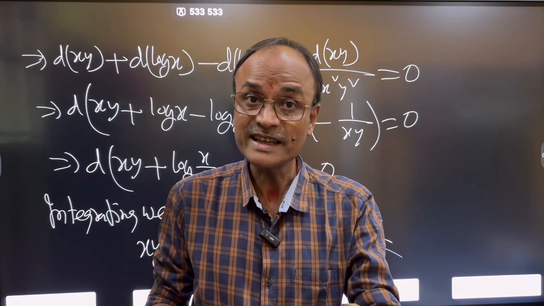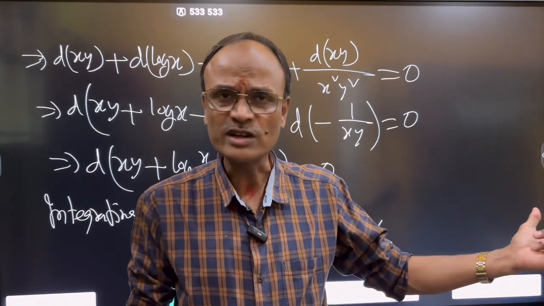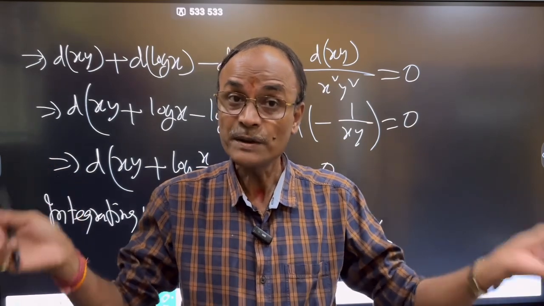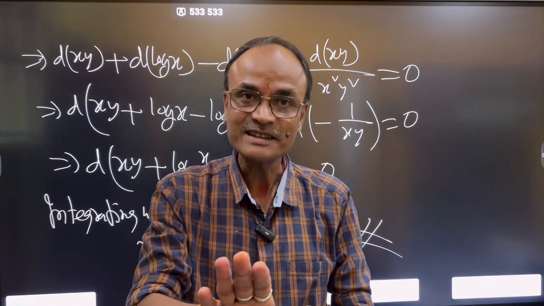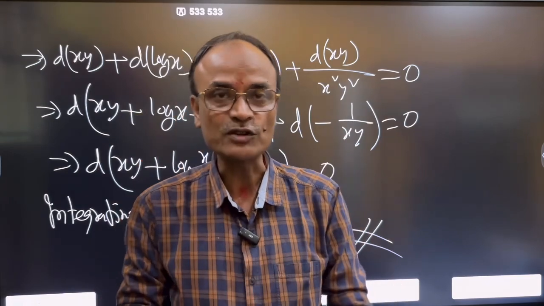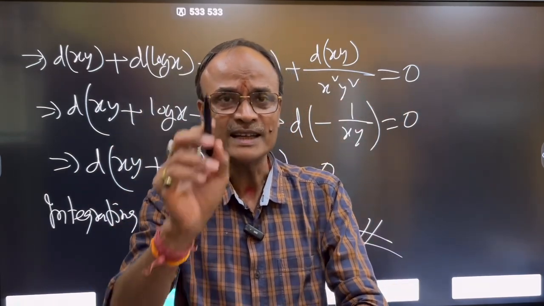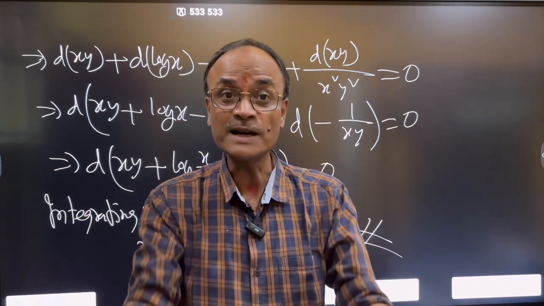If Mx minus Ny equal to 0, then its solution can be easily solved. If Mx minus Ny is not equal to 0, then 1 by Mx minus Ny is an integrating factor. Means, if you multiply the differential equation by this integrating factor, then the differential equation becomes exact.